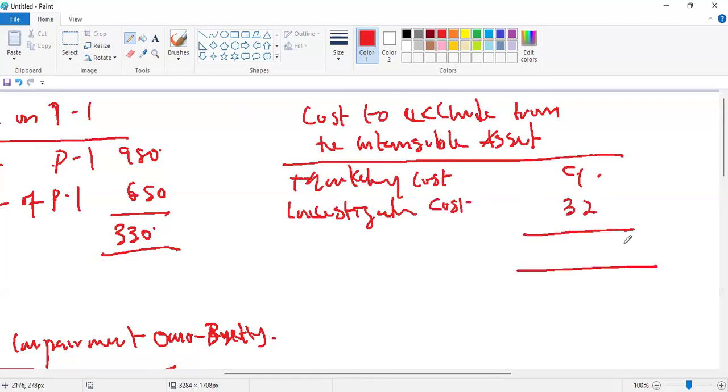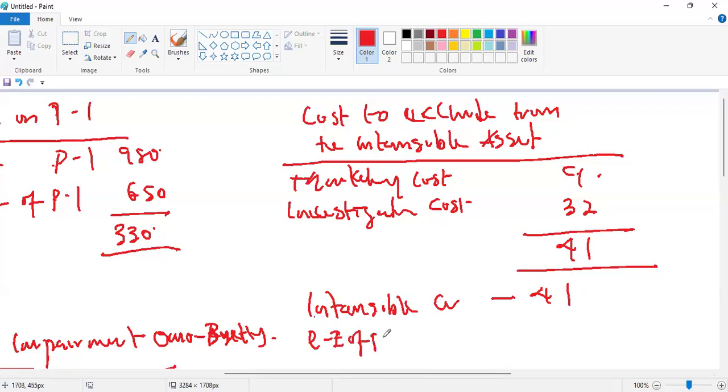This total cost of 41 cannot be capitalized in line with IAS 38. Must be expensed. So the intangible I will credit minus 41. Then the retained earnings of the owner of the intangible, the parent, I will debit minus 41.